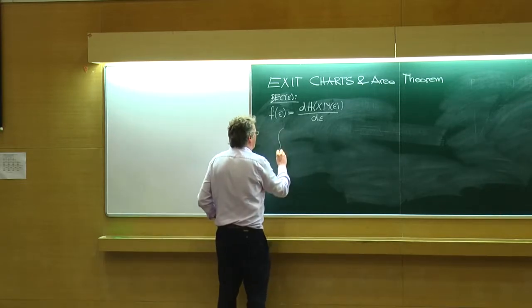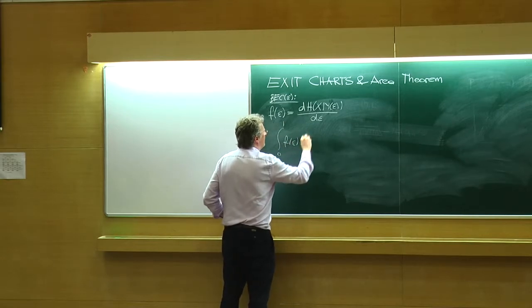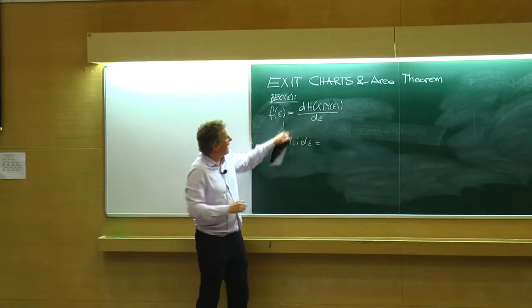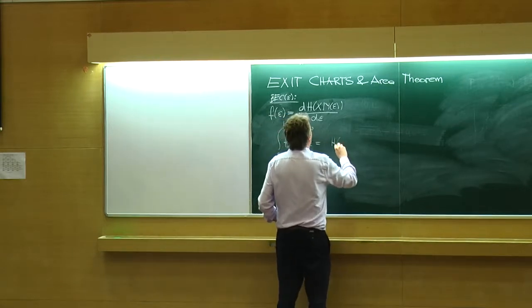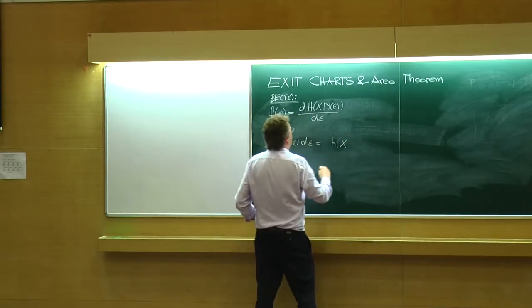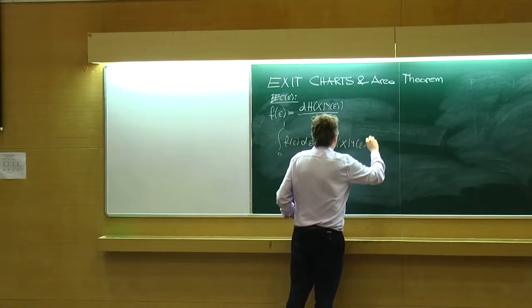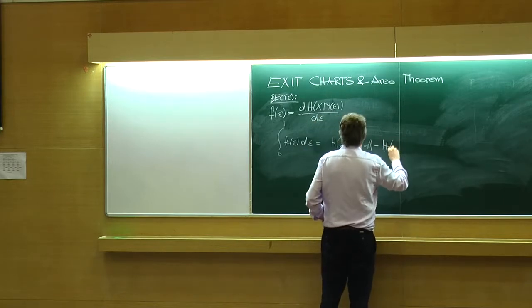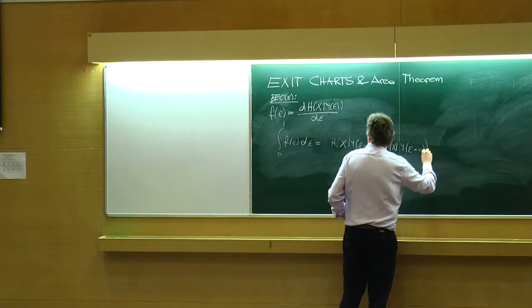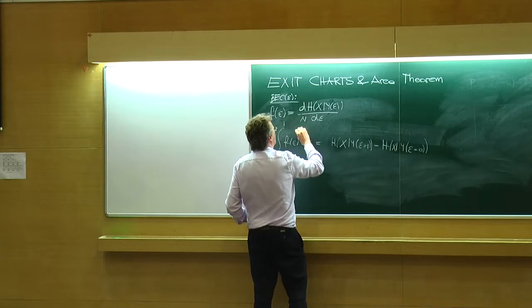If I'm going from 0 to 1, and f of epsilon d epsilon, then this gives me H of x given y at epsilon equal to 1, minus H of x given y at epsilon equal to 0. I should still pick here a 1 over n.